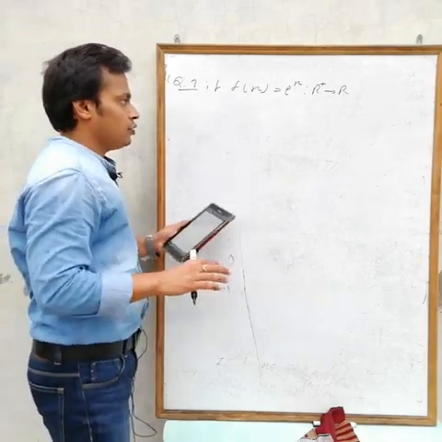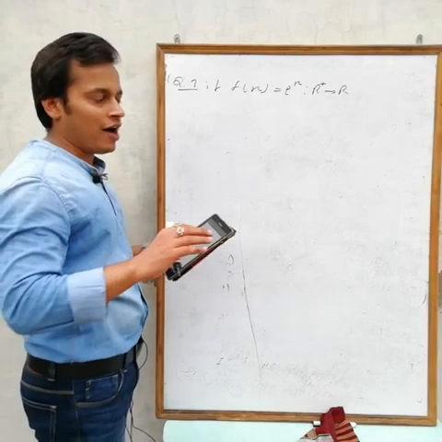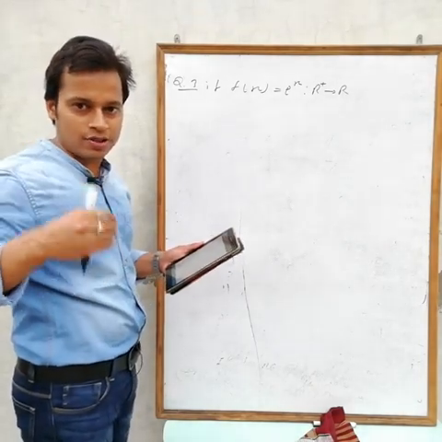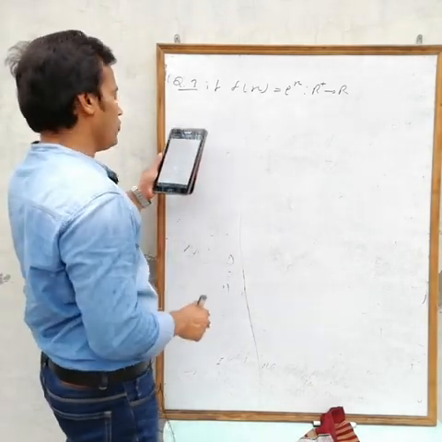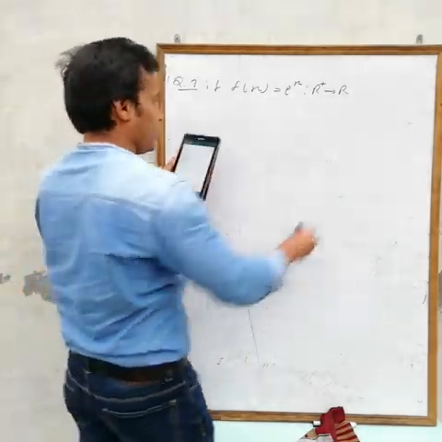Remember, 0 is not positive and also not negative. If R minus, then less than 0; if R plus, then greater than 0. f(x) is e power x, defined from R plus to R, and g(x).